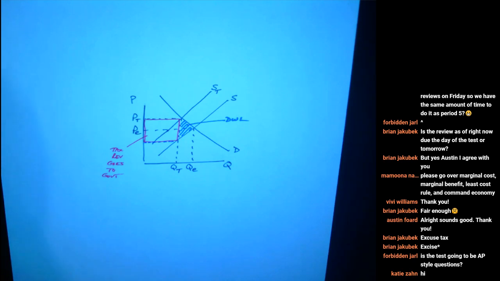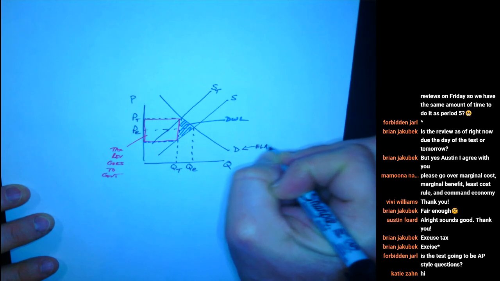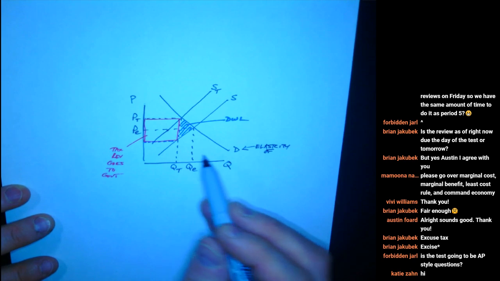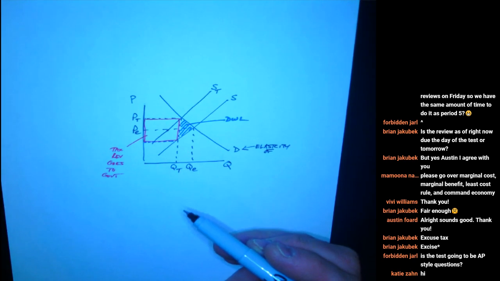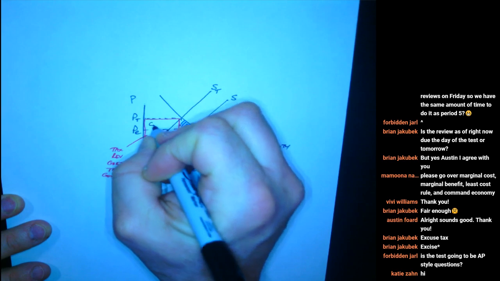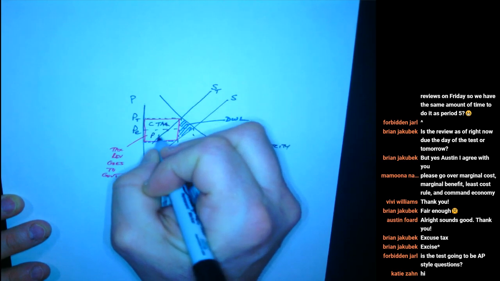All right? So now also, this excise tax, depending on the elasticity of the demand curve, can tell us who's paying the burden of the tax. This is the consumer portion of the tax.